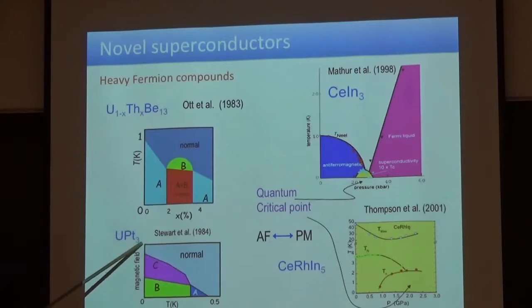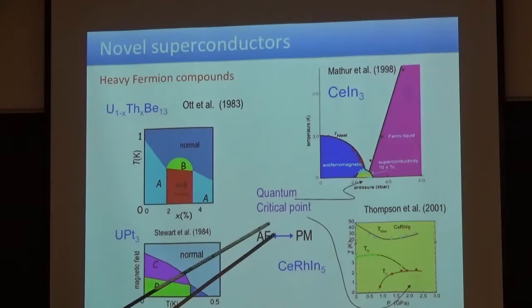Also another uranium compound, uranium platinum 3, has a rather complex phase diagram here, temperature versus magnetic field. There is a double transition at zero field, and then we have also two phases in the mixed phase, in the vortex phase. Soon people also found out that these heavy fermion compounds have something funny.